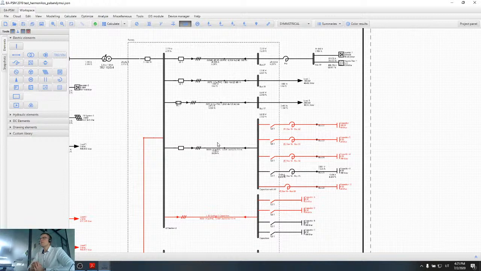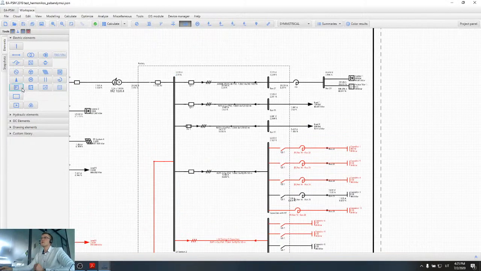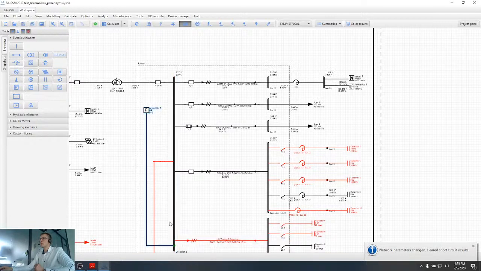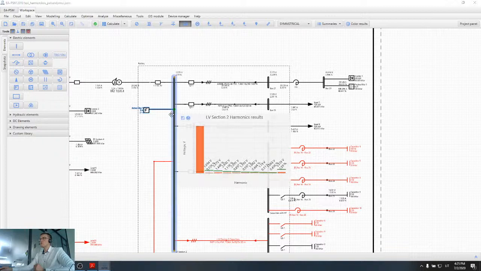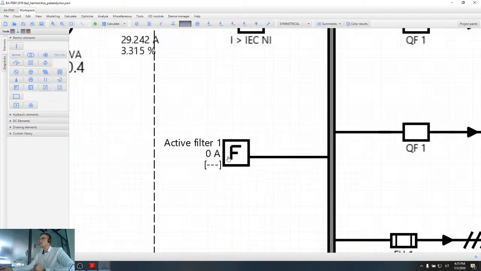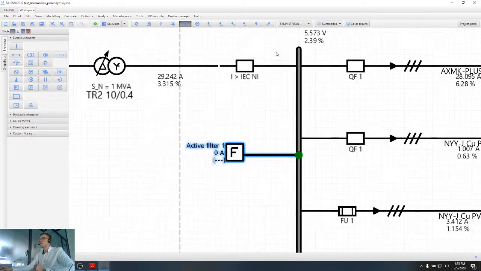So one more type of filter that you can use inside our software, and I also saw that there was a question regarding this particular filter, the active filter. There are actually several types of active filters and ways they work in electrical networks, but one of the most advanced types is an active filter measuring the harmonic level on a real-time basis.